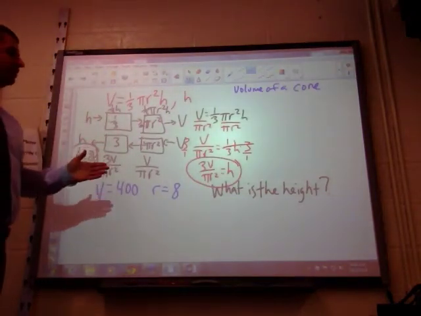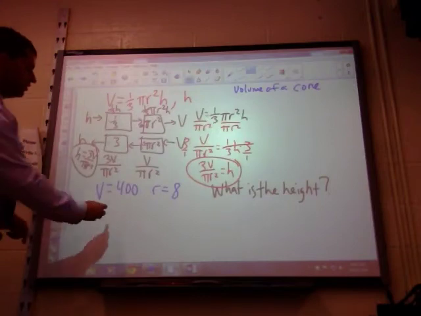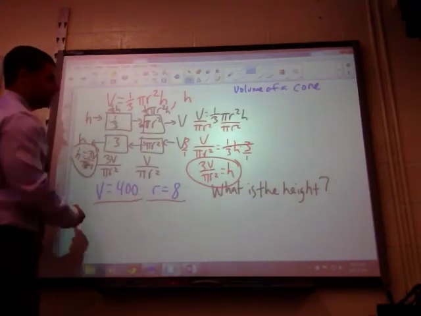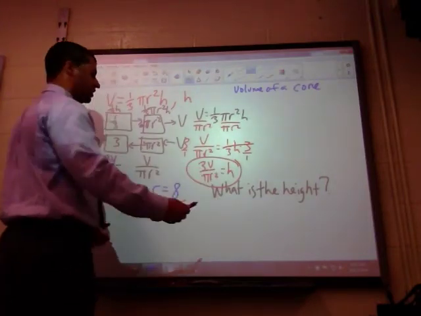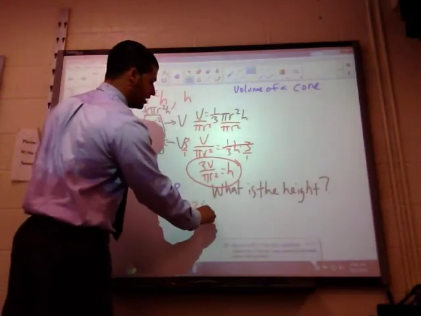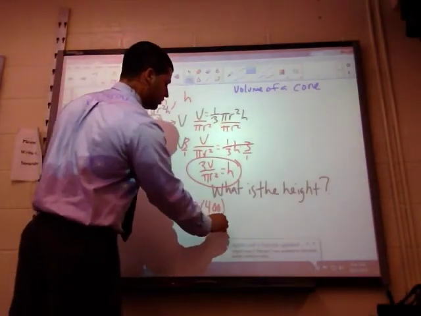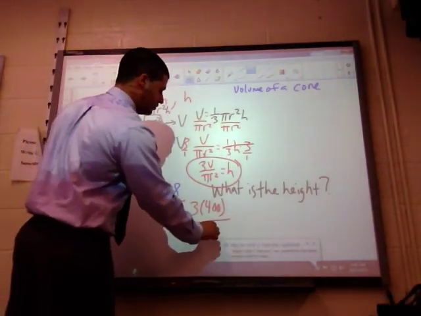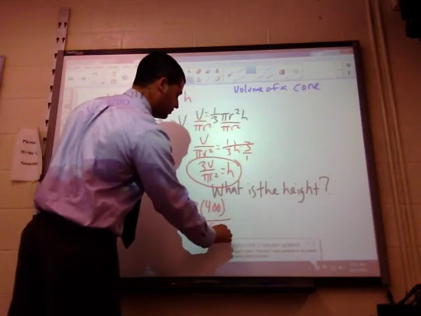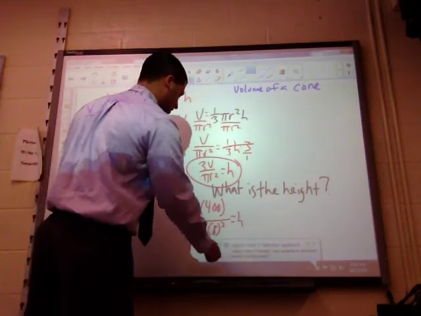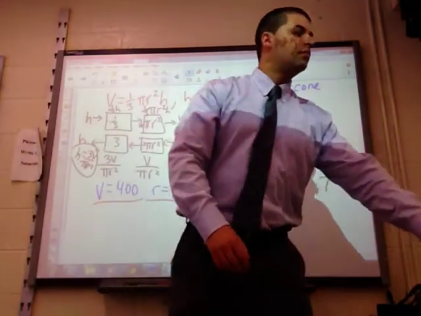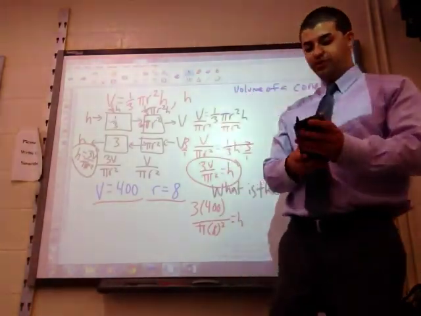Now solve for the height, which is what we didn't know, because we are given the volume, we're given the radius, but we don't know the height. So let's plug it in. We have 3 times 400 over pi times 8 squared equals the height. And this is where the calculator becomes very useful.